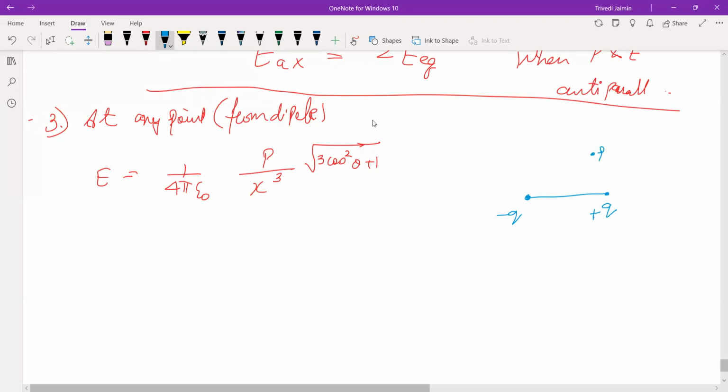Any point P, making angle theta along the x-axis, here is the resultant E, and this will be your EY.